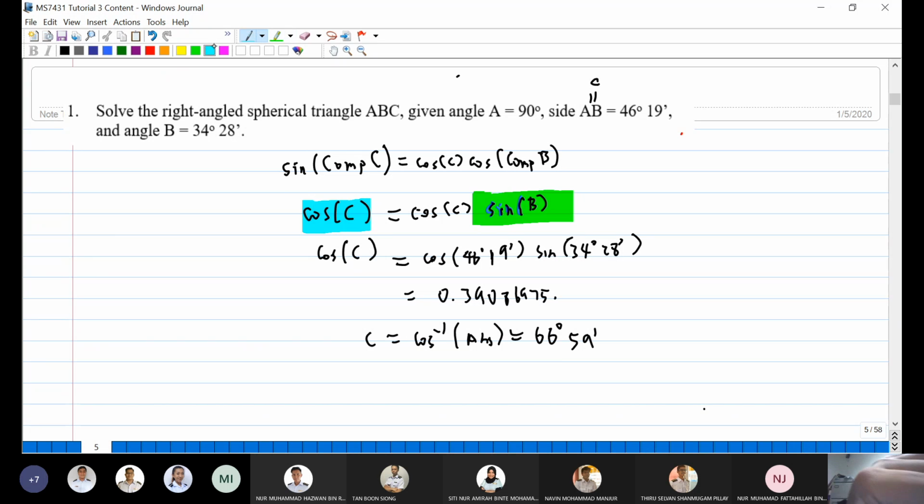So you have fewer lines to write. Last time, the first time, I wrote quite a lot of lines, but now you have fewer lines to write, so I think less error to make also.